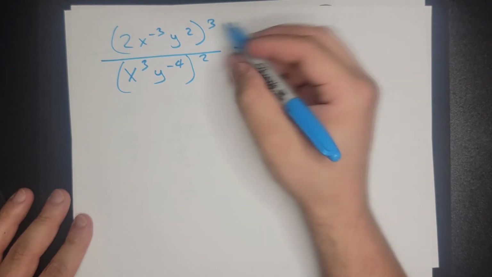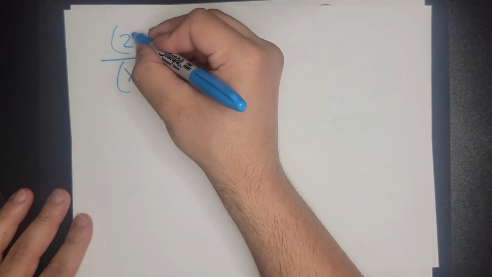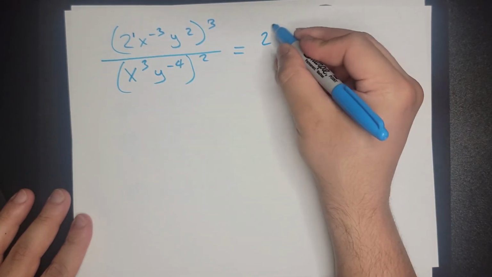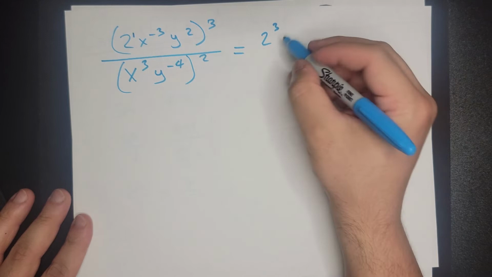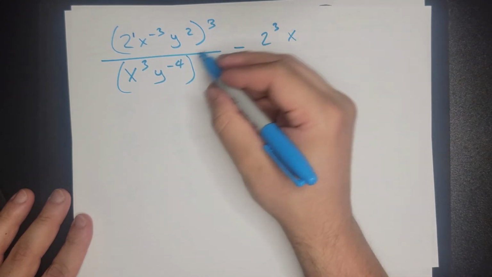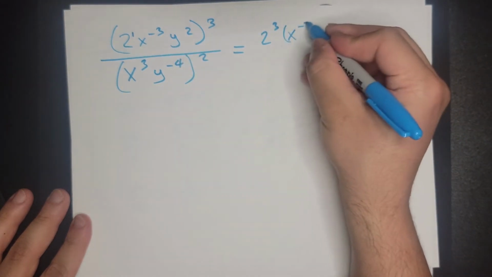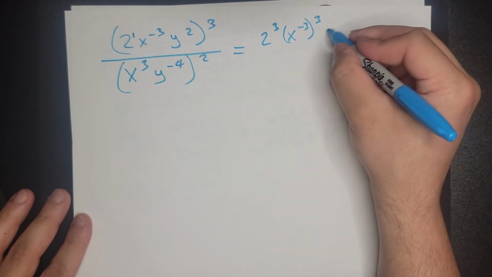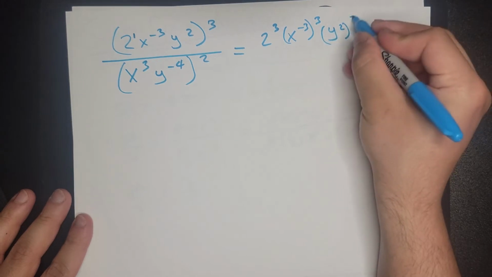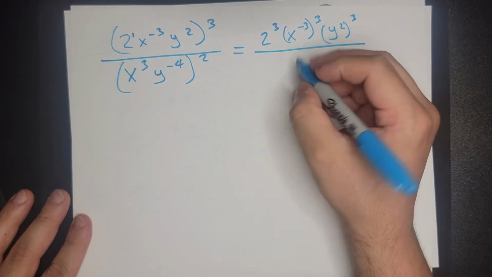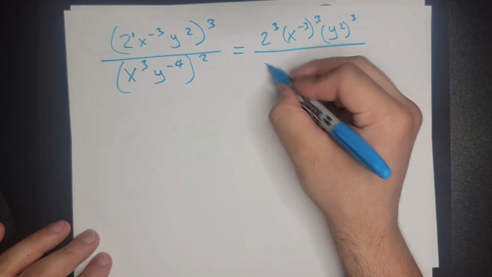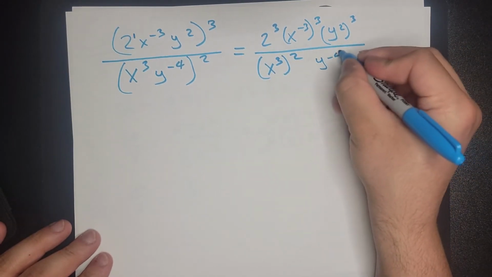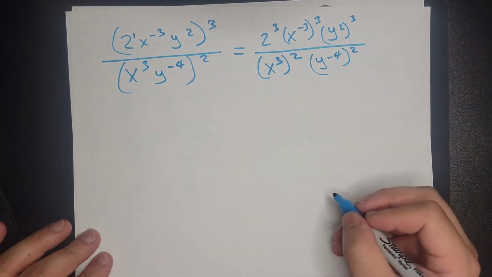So let's bring this in, power of a power. So that's technically, you don't see it, but that's to the power of 1. So we have 2 to the power of 3. And then we have x to the power of negative 3 cubed. And then we have y squared, which is also cubed. And then in the denominator we have x cubed squared. And we also have y to the negative 4 squared.